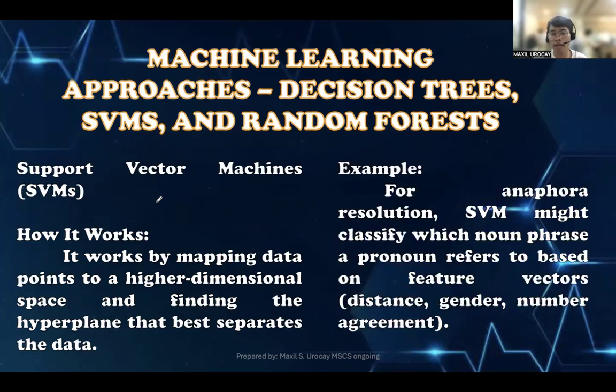For example, for anaphora resolution, SVM might classify which noun phrase a pronoun refers to based on feature vectors: distance, gender, and number agreement. So that is really the structure of this one.